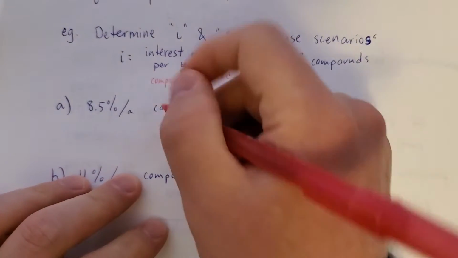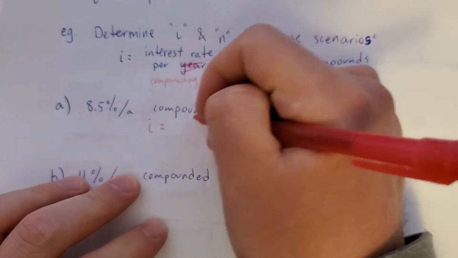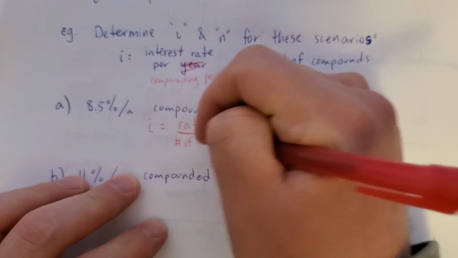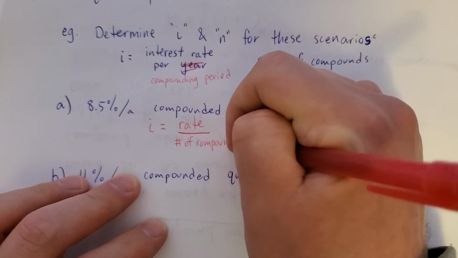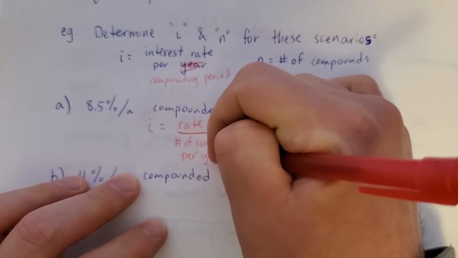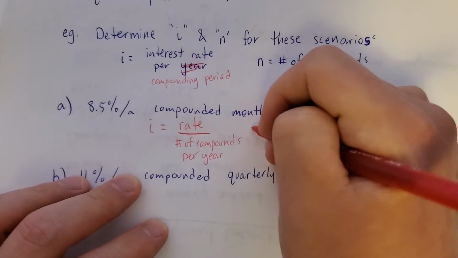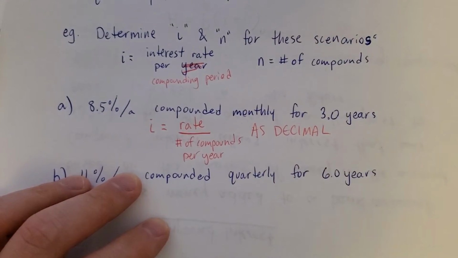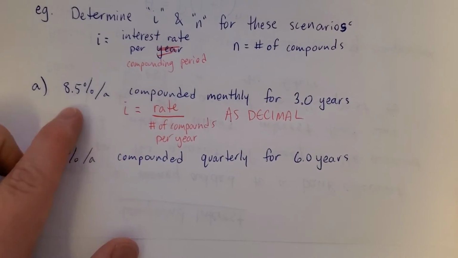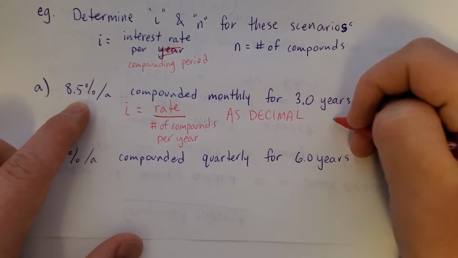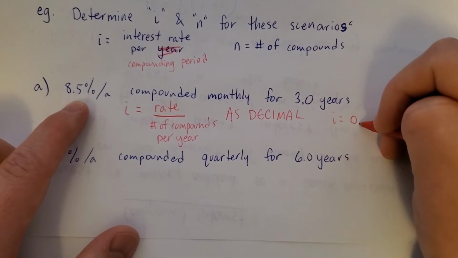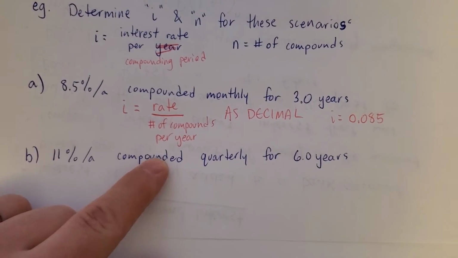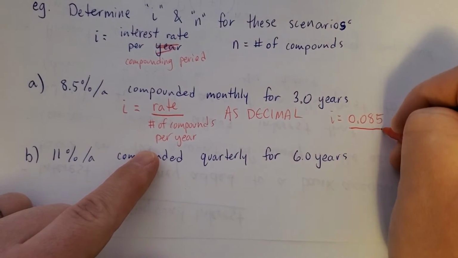So here's what you need to do to find I. It's the rate divided by the number of compounds per year. It has to be as a decimal though. I is a little trickier than N. So check this out. The rate is 8.5%, but I'm going to divide that by 100 to get a decimal. That's 0.085. Then I have to divide by the compounds per year.